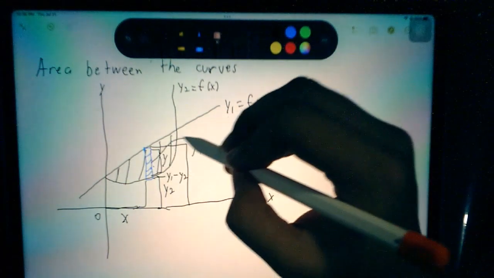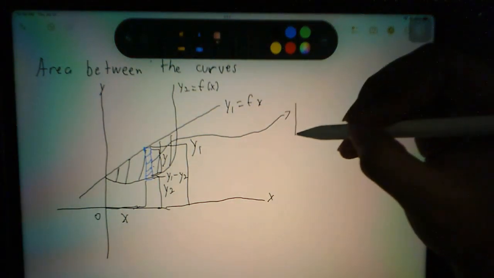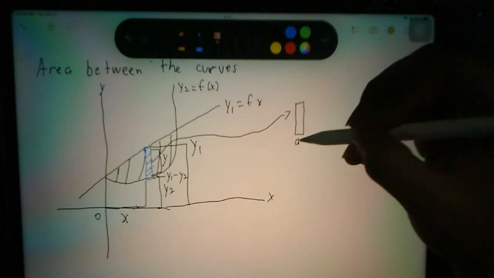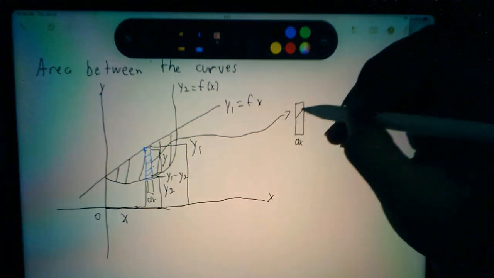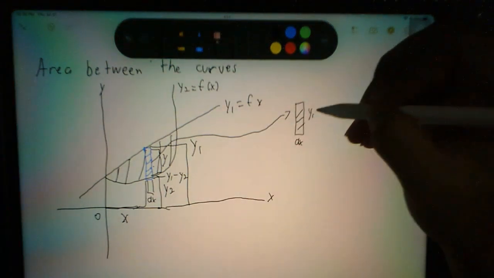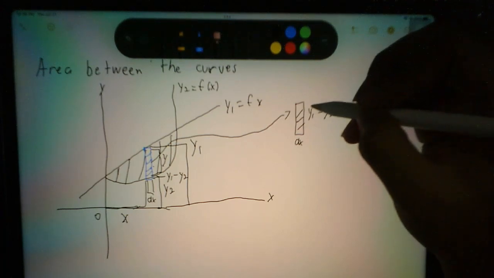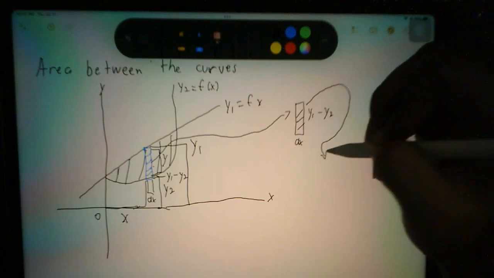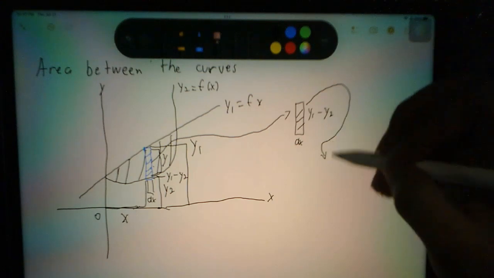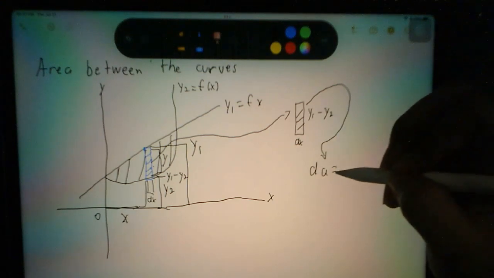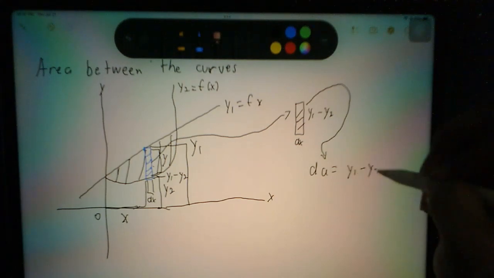So now taking this vertical strip outside, this is our dx. I forgot to put dx here. The height here is just equal to y1 minus y2. Our differential area is equal to y1 minus y2 dx.